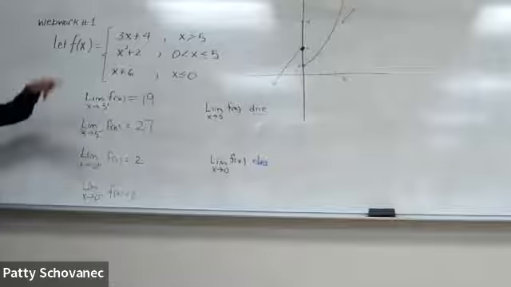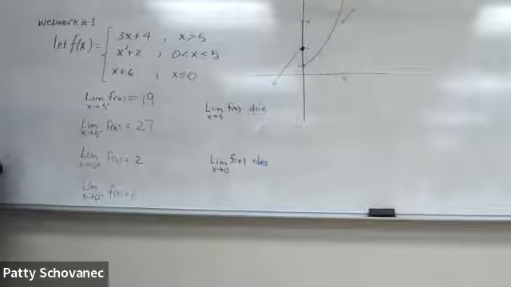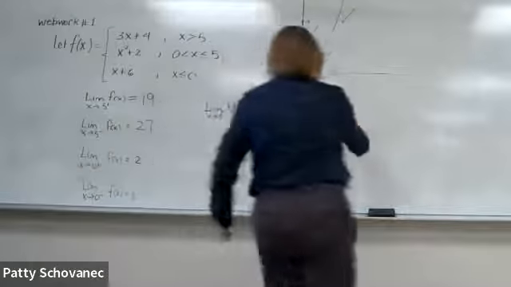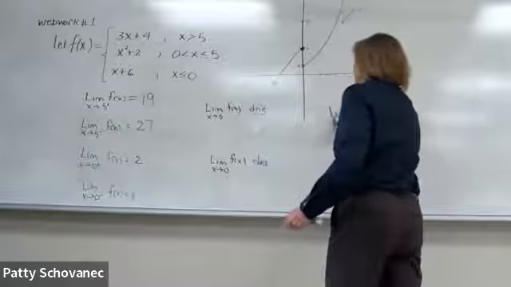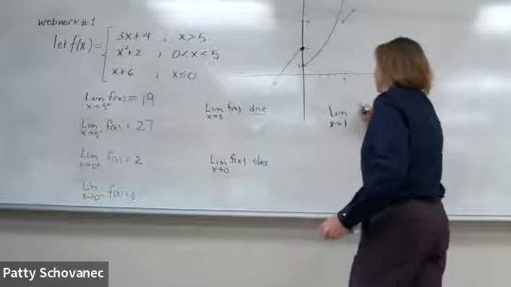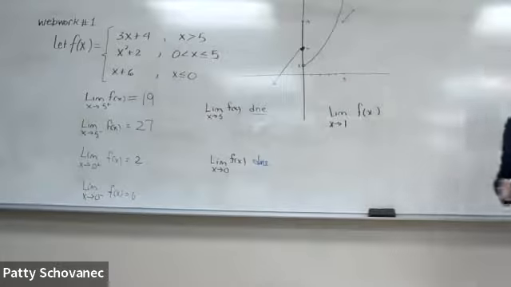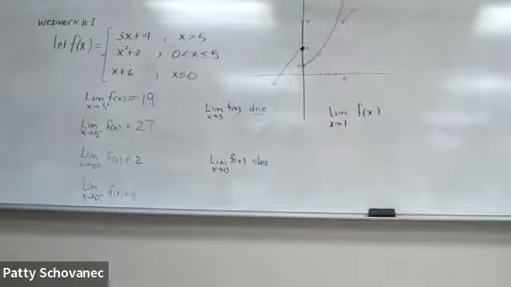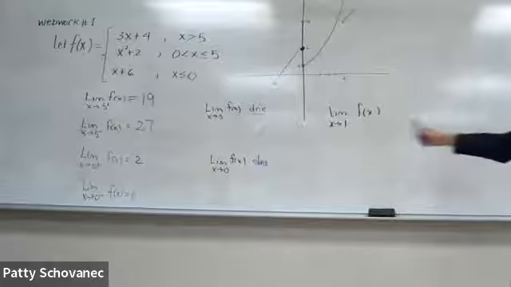If I pick a number that's not one of the jumps, then we've got the case where you can just plug it in. Like for instance, what is the limit as x goes to 1? So I have to find out where I'm living.